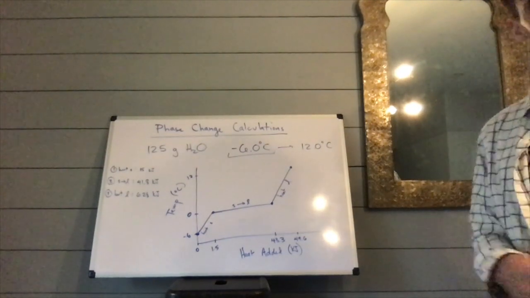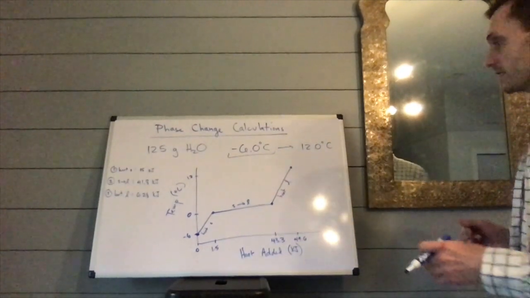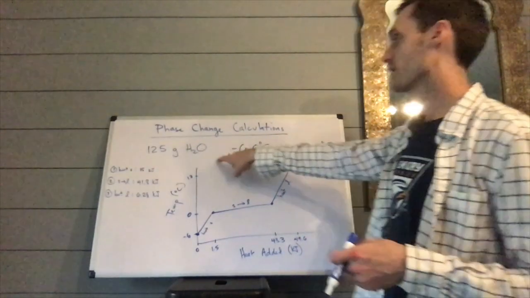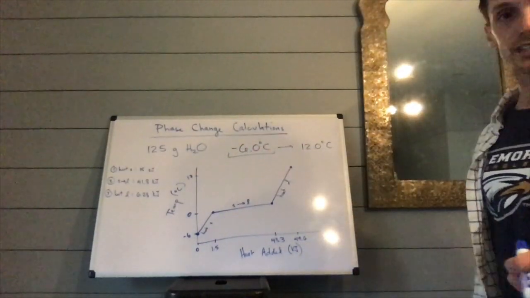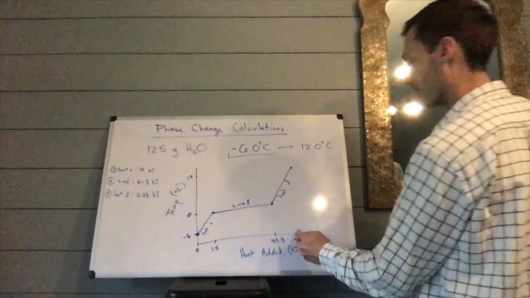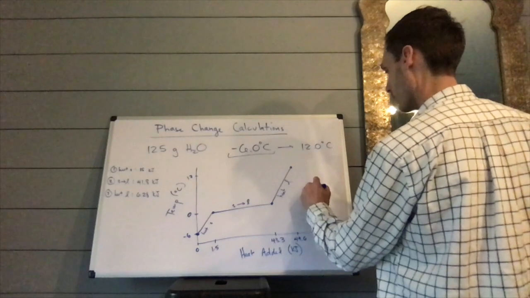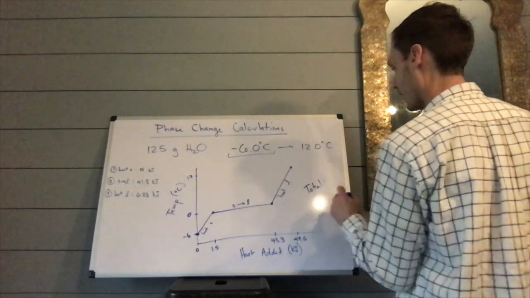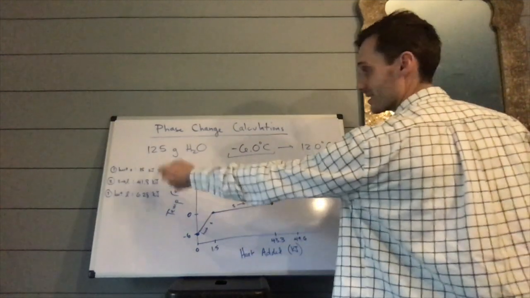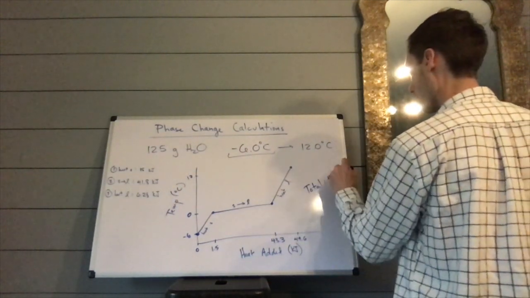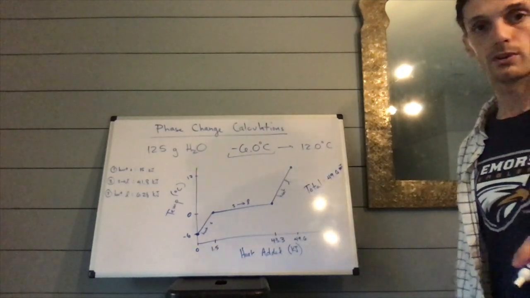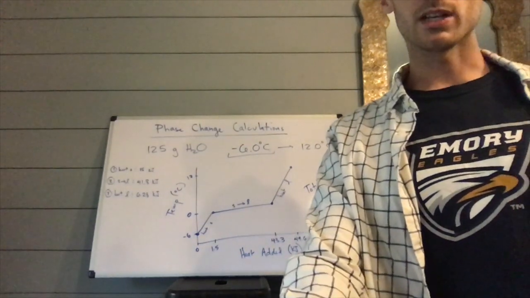So here's a phase change diagram for the process of taking 125 grams of water from -6 degrees Celsius all the way up to 12 degrees Celsius. The grand total of energy required to do this is just the sum of the three at 49.6 kilojoules. All right, part 1 complete.